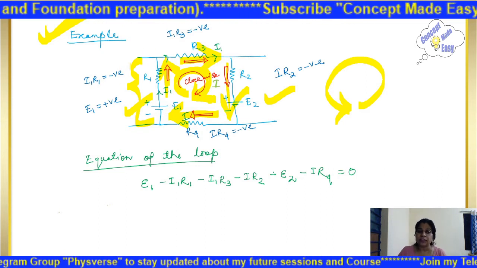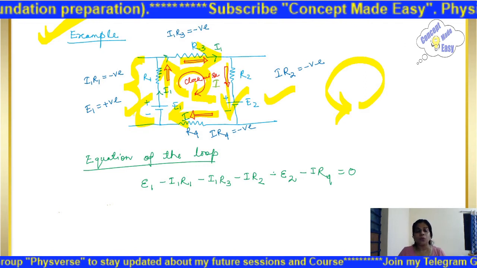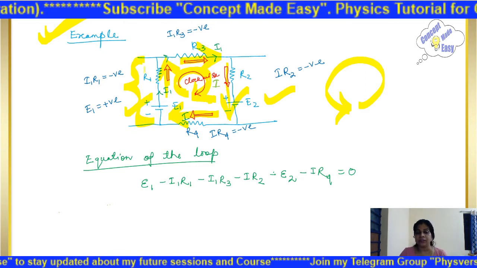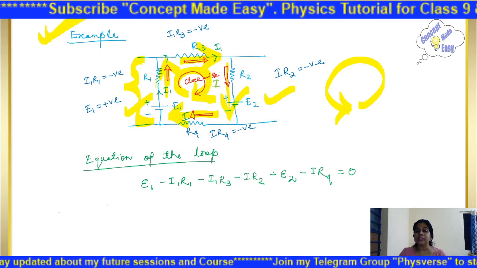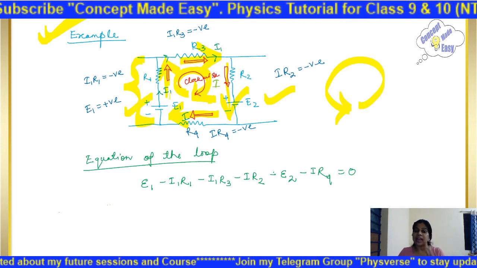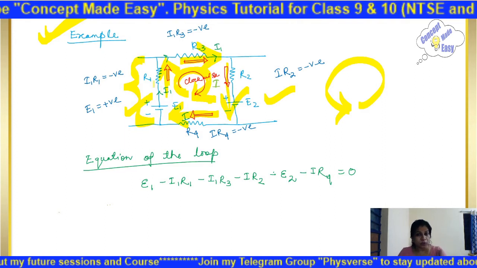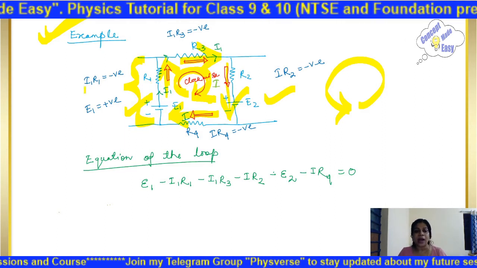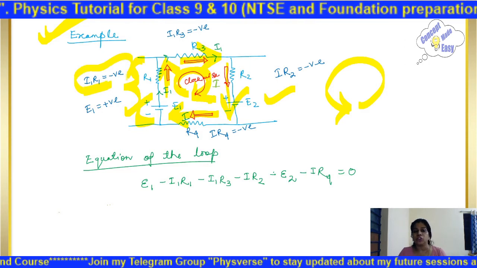Like for this very branch, what is the sign of the voltage drop? This is the resistance R1. So what is the voltage drop here? That is nothing but I1 into R1, the current flowing across that resistance multiplied by the resistance value. So I1 R1 is the voltage drop across this branch.